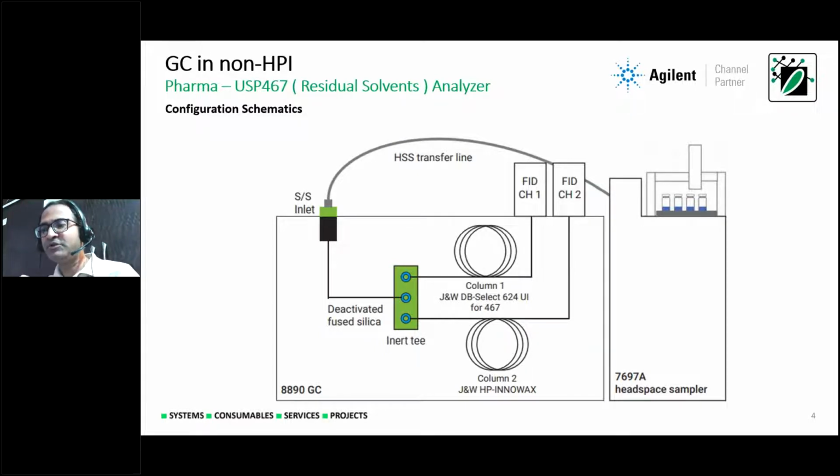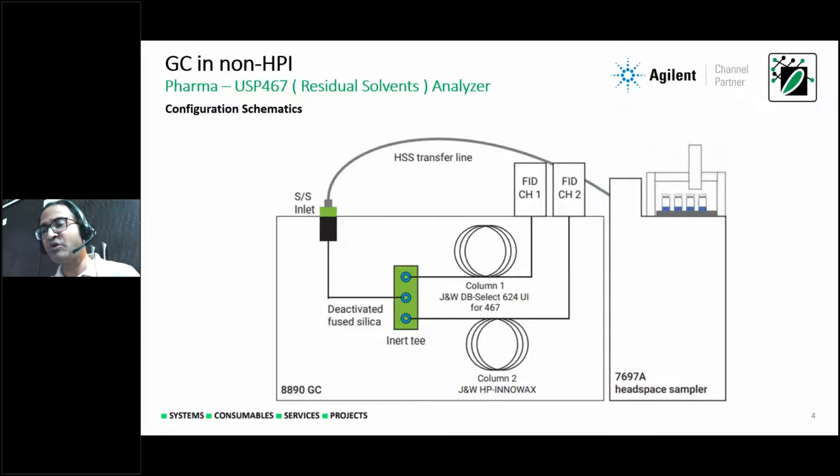Why are 2 columns thought of? If you're looking at the Class 1, Class 2A, and Class 2B standards, or the samples to be analyzed, you end up doing the analysis for many different solvents. There is a possibility, and it is a practical observation as well, that one single column doesn't do the separation of all the solvents that we need to analyze.